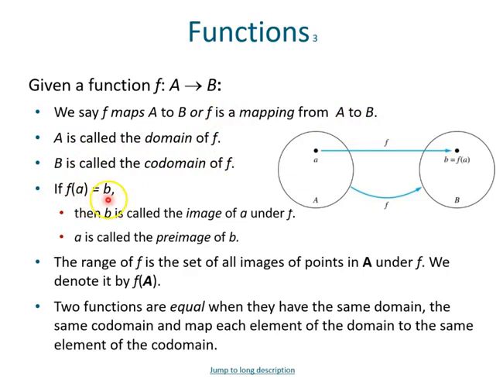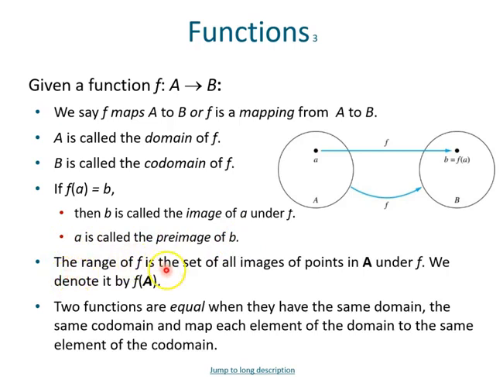If f of a is equal to b, then b is called the image of a under f, and a is called a preimage of b. Let's mention here that b can have different preimages, not just one. Many different preimages.